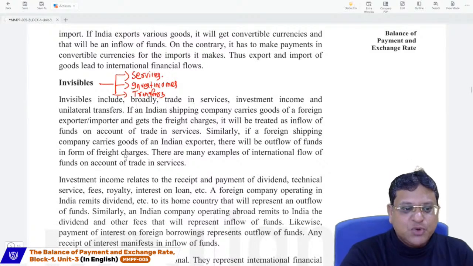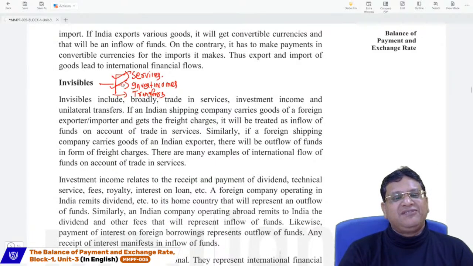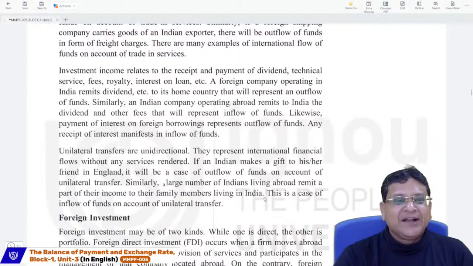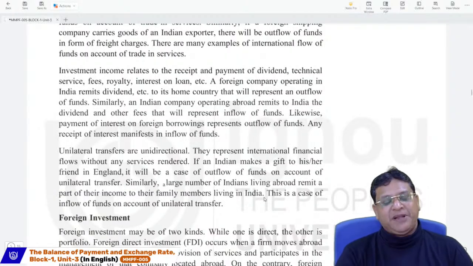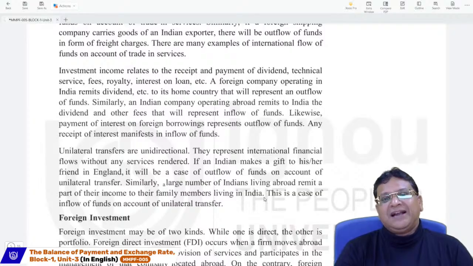Okay, so services are over. The next one is investment incomes. What is investment income? Investment income refers to income from foreign investment. Suppose you buy a share of Microsoft. Microsoft will pay you dividends, and the dividend will result in an inflow of funds to India. So it's a foreign currency receivable.